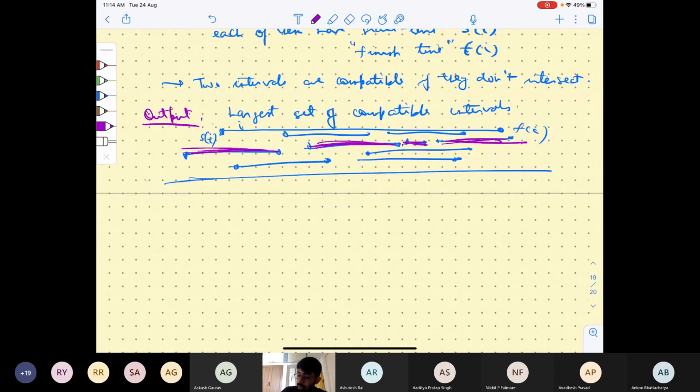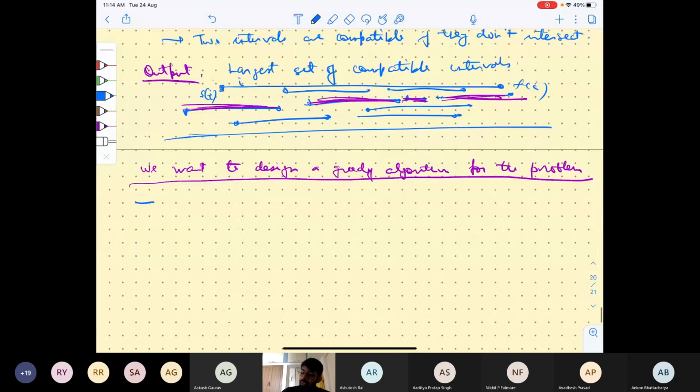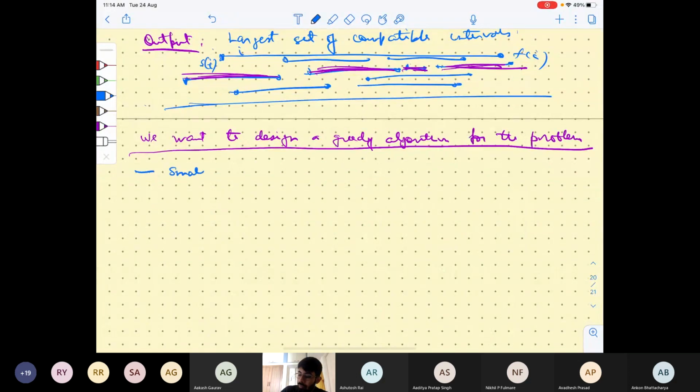Suppose we want to design a greedy algorithm for the problem. For the sake of understanding and exploration, let's first look at some wrong approaches. Any greedy algorithm, as I said, takes small steps, and at each step makes a choice.